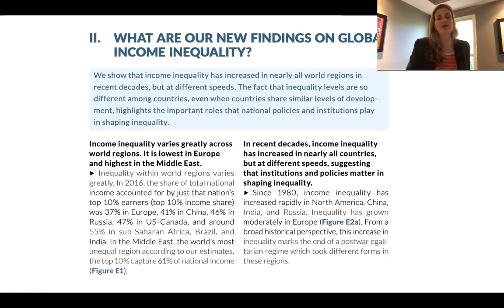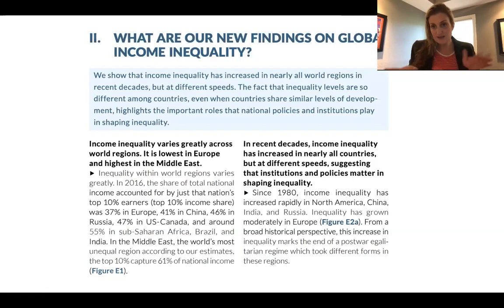So, what are the findings? Well, the findings of the report here are that inequality has increased in nearly all world regions in recent decades, but at different speeds. The fact that inequality levels are so different among countries, even when countries share similar levels of development, highlights the important roles that national policies and institutions play in shaping inequality, okay?